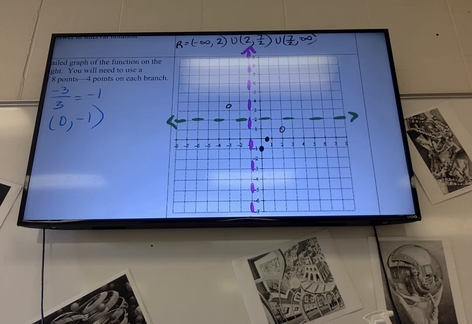By the way, to find another point, say you needed another point, you just plug in a number. So if I wanted another point over here somewhere, I'm going to plug in, say, -2 into the equation.